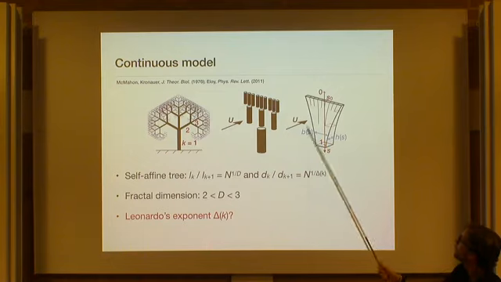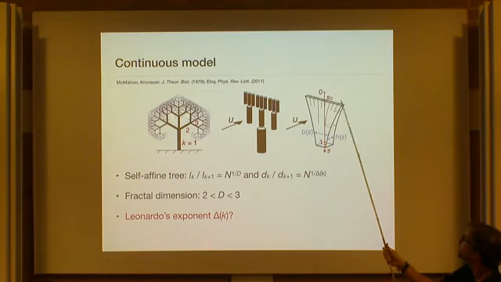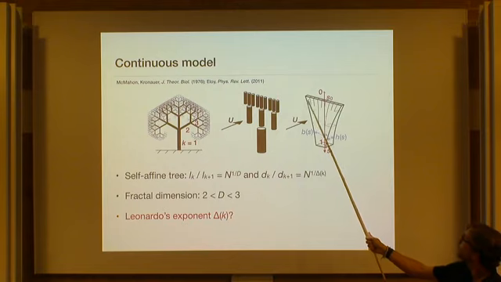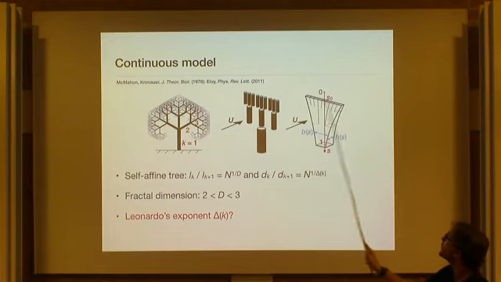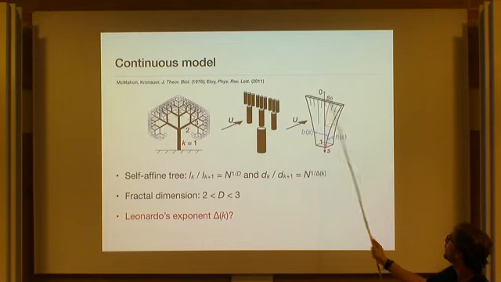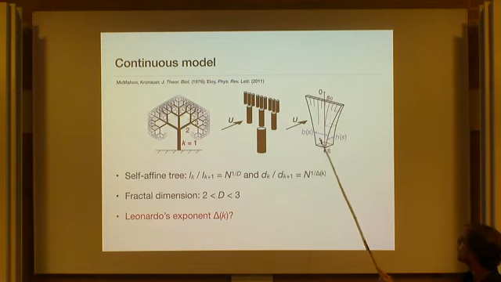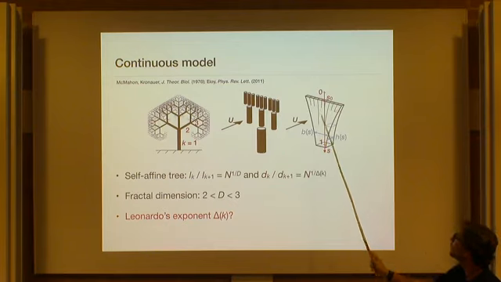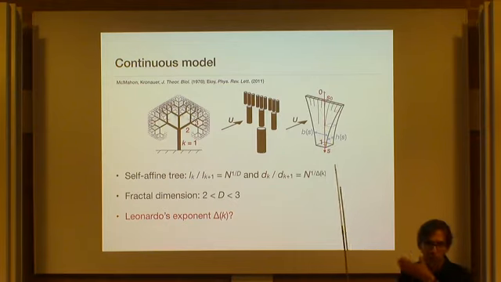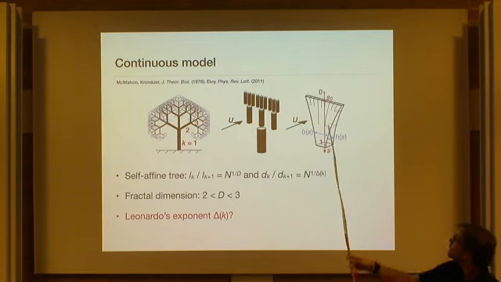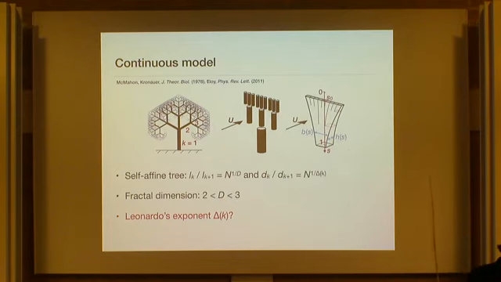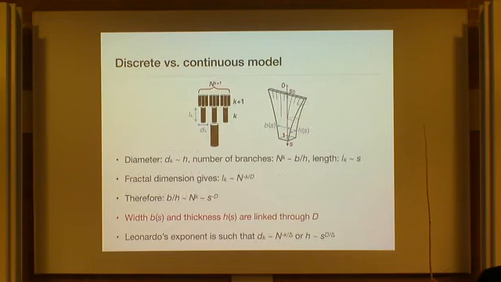If you cut this beam such that you have pieces that are almost square, then you recover something like this. Here you have 9 branches, and here 3, and here 4. You can cut through these planes because there is no mechanical stress in this plane when you apply a force in this direction. And so the question is, what should be the Leonardo exponent in this case?